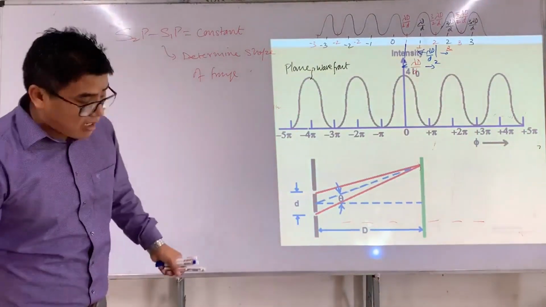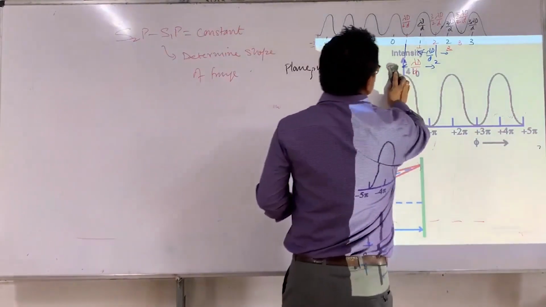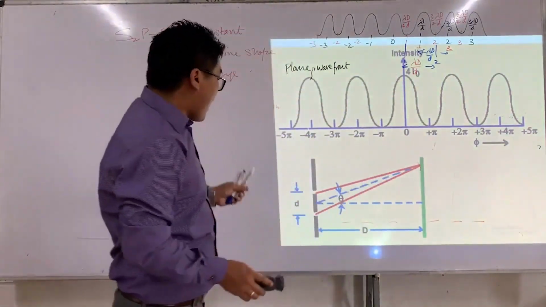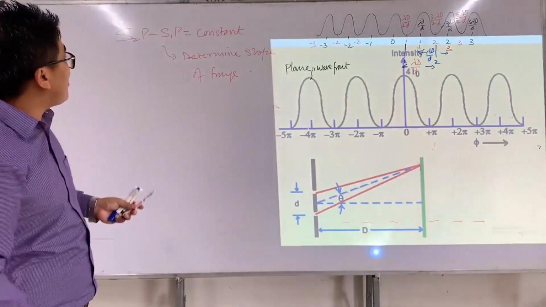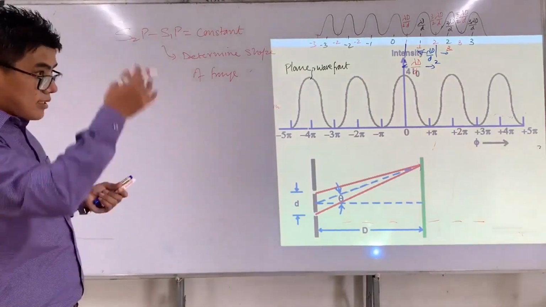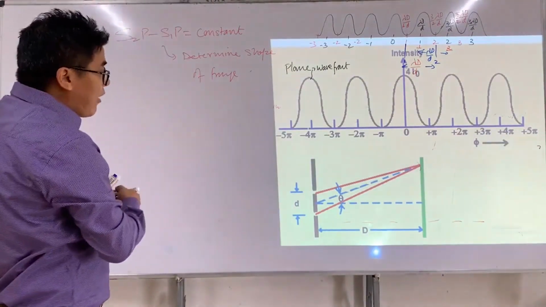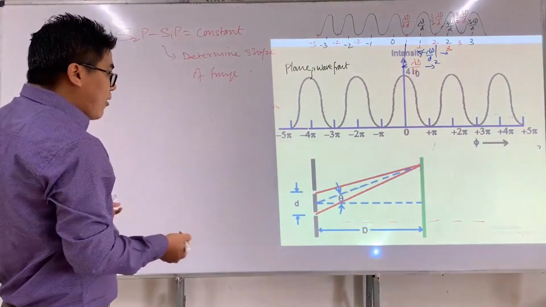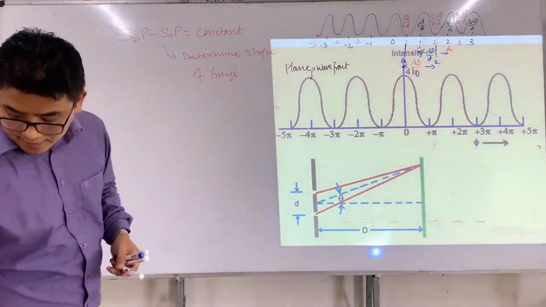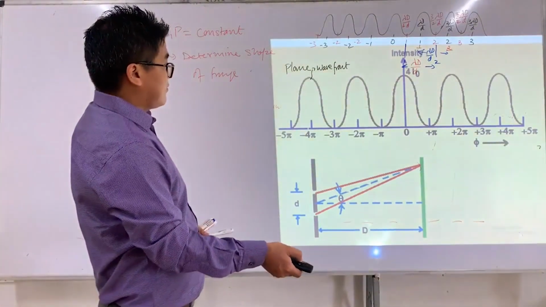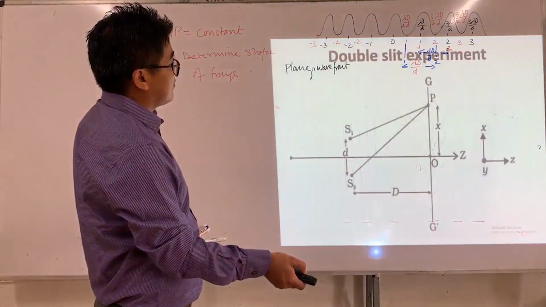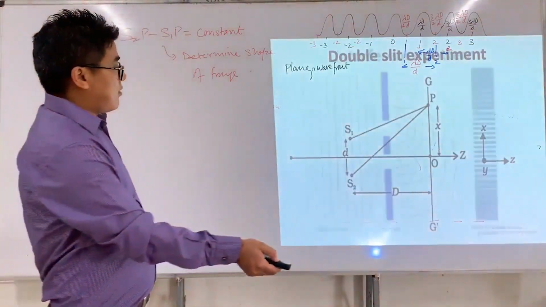So before I do the shape of the fringe, let's discuss angular positions. Now we have done the linear positions, and what about angular positions?